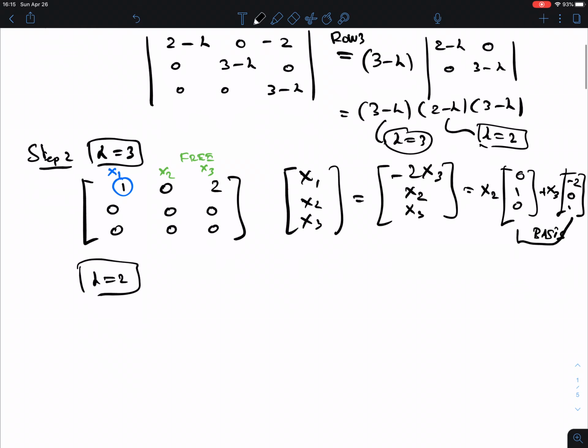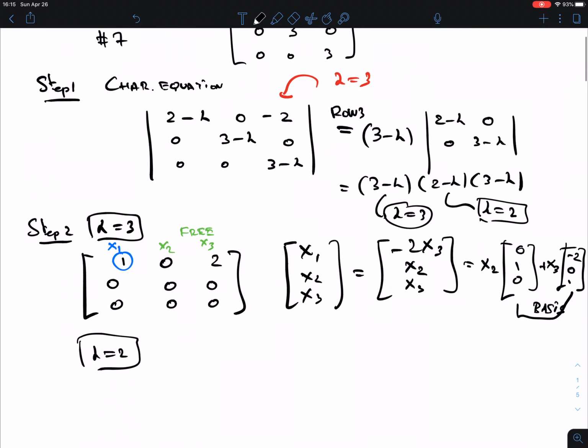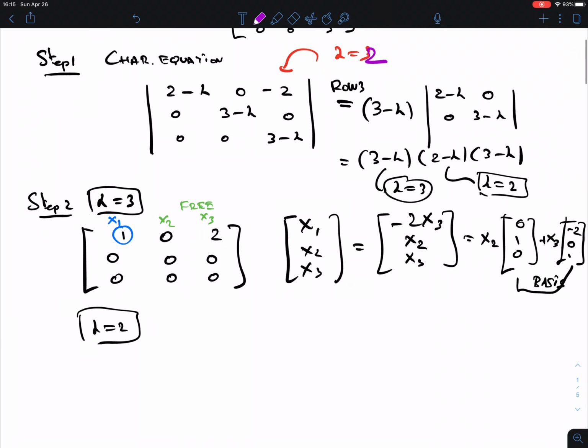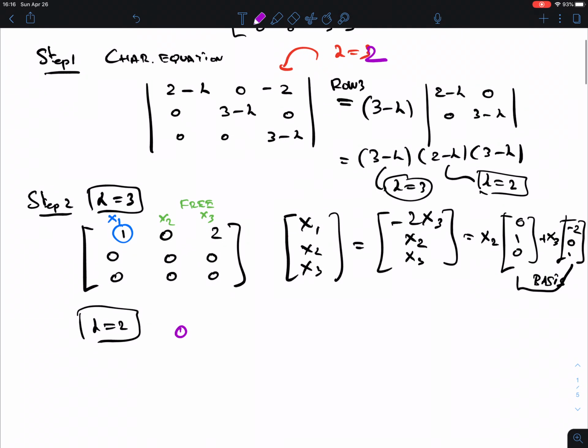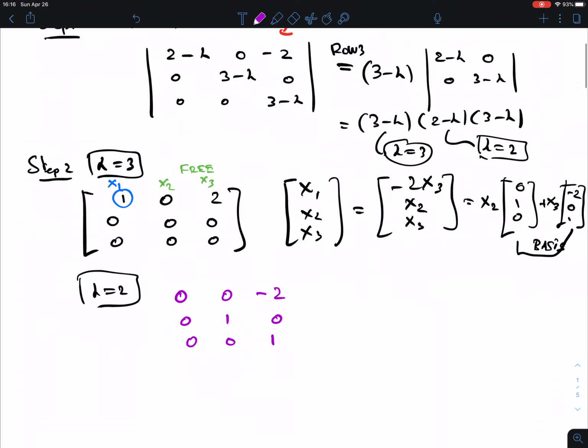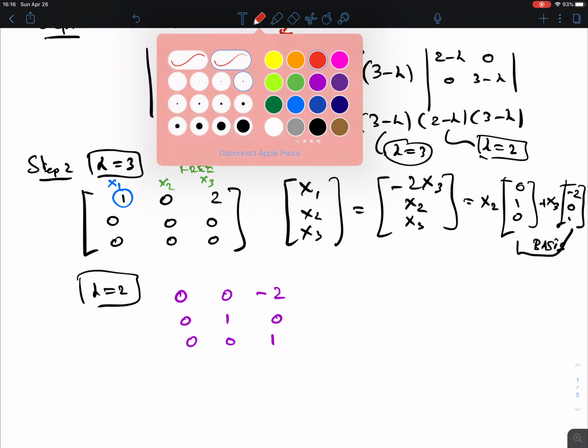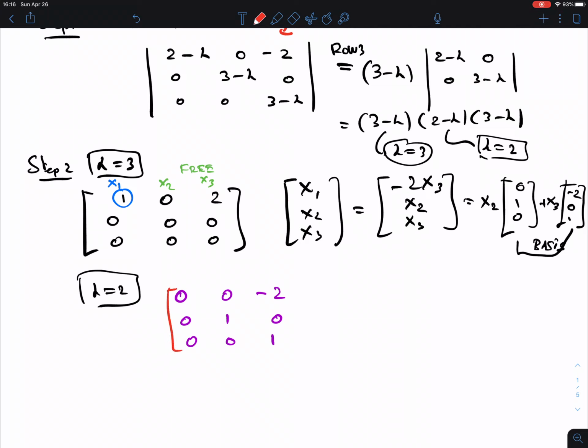What's the eigenspace there? Well, now we do the same thing, but we put lambda equals 2 now, right? Now lambda is going to be 2 here. So what do we get? 0, 0, negative 2, 0, 1, 0, 0, 0, 1. And again, we're almost done. We have to shuffle around a little bit. So I'm going to do some row operations.